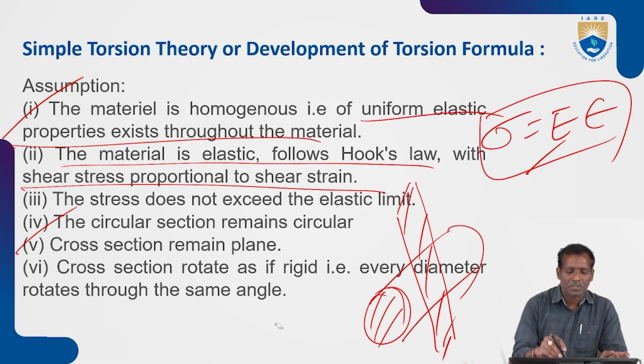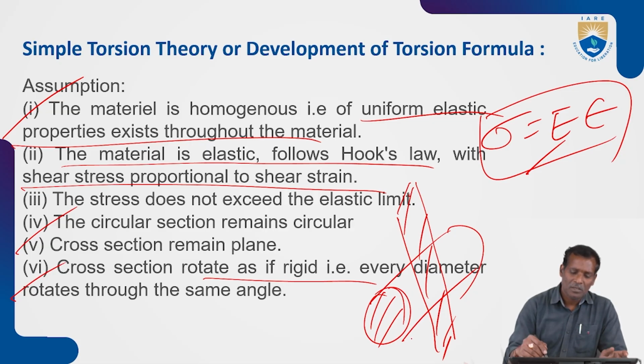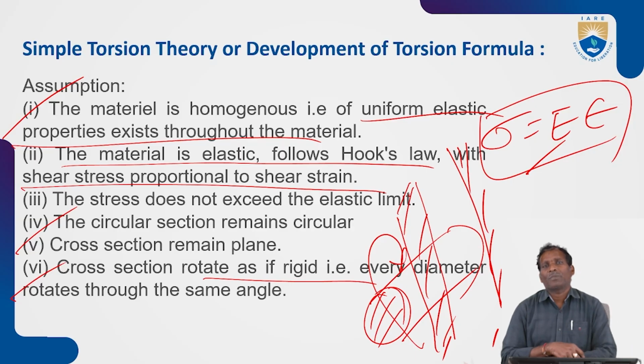The cross section rotates as if it is rigid. That is, every diameter rotates through the same angle whenever twisting is applied.